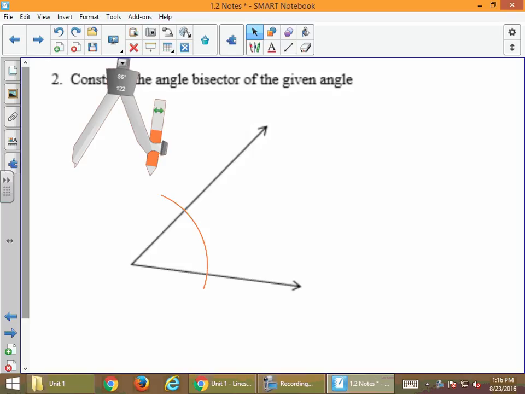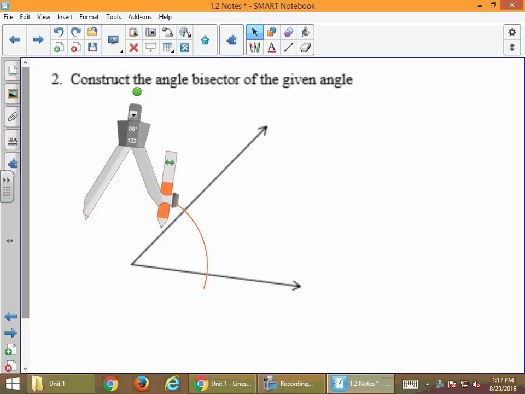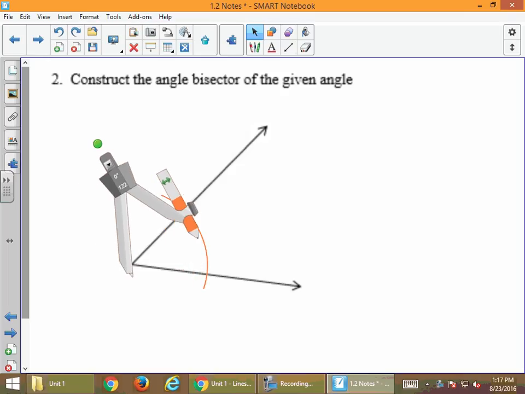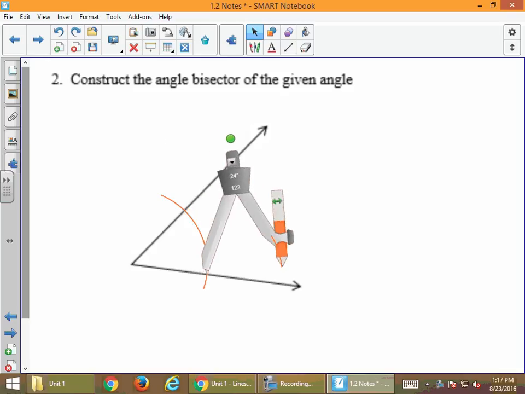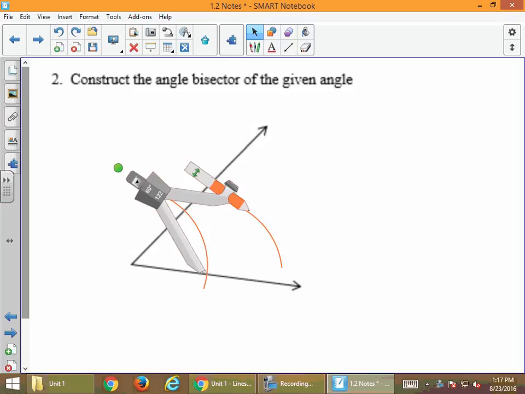All I'm going to do now is take my needle and put it on those intersection points and make a new arc in between the rays. So I'm going to put it on this intersection point and make an arc in between these rays. You don't need to go outside or anywhere else. I'm on that intersection, make an arc.